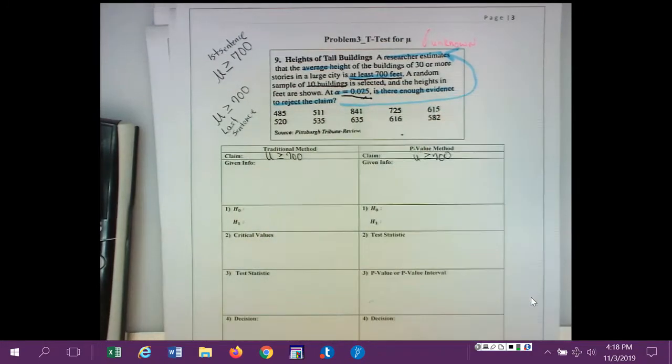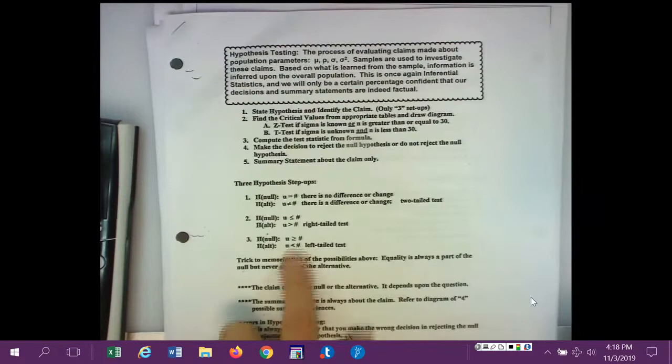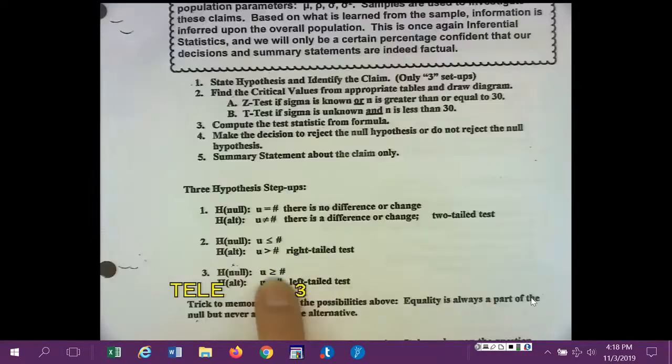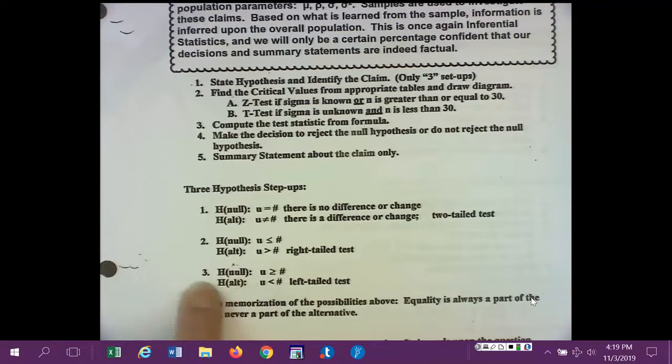Okay, so then we got to set the problem up, and if you look for your claim symbol of at least, it is always the null statement in this situation. And then that makes the alternative less than, and the hypotheses are opposite each other, as they should be. So I'm going to cut this out and paste it down and not change my symbols or the name.